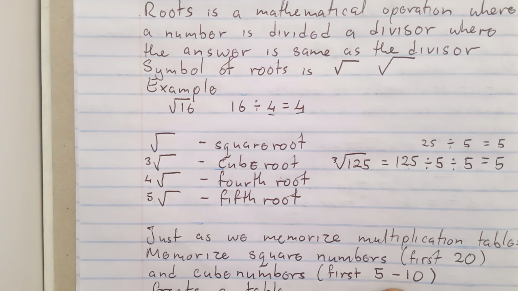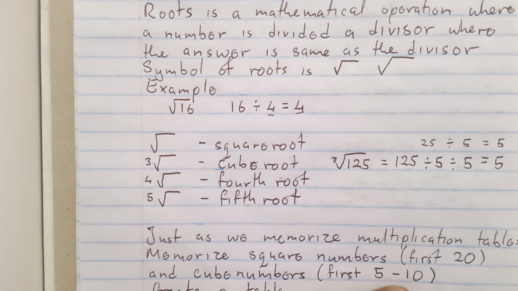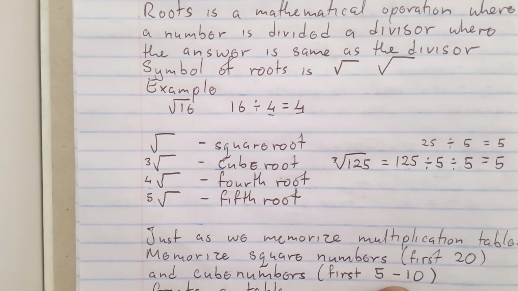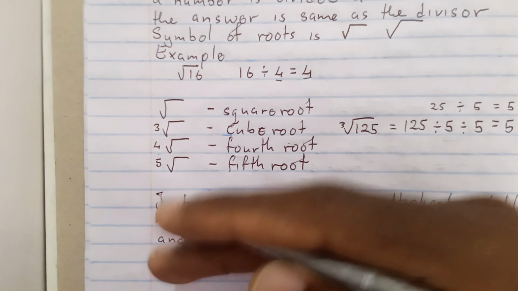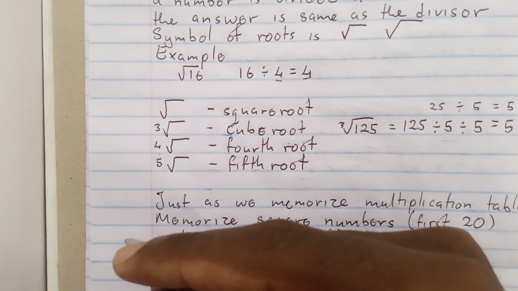Then again, you'll have cube numbers. Master at least the first 5, but if you're able, you can even push it to the first 10. These are basically numbers multiplied by themselves. By mastering that, it becomes very important in terms of you knowing. I'll just do a demonstration here so that you can see how to look at it when mastering.